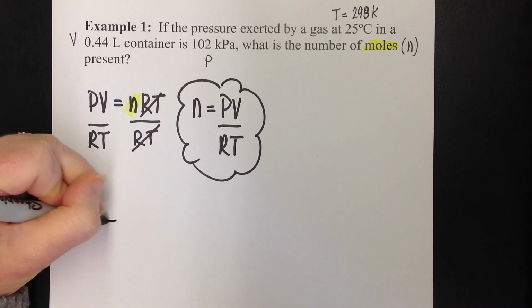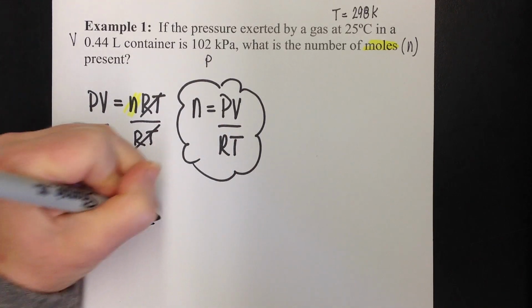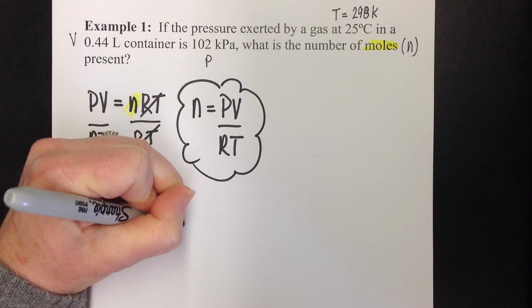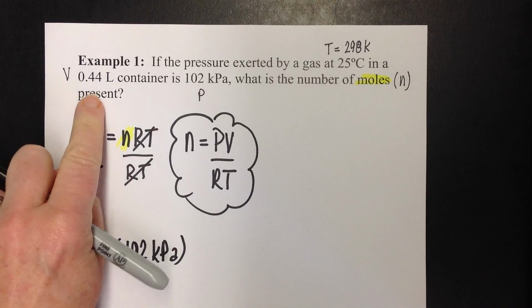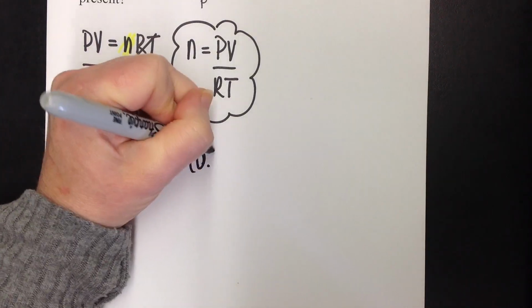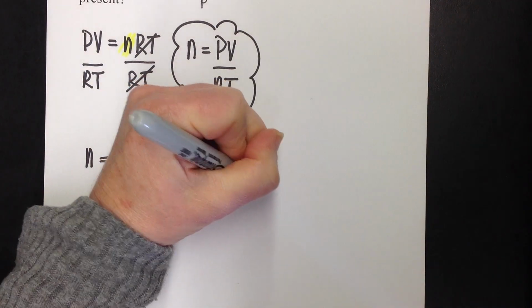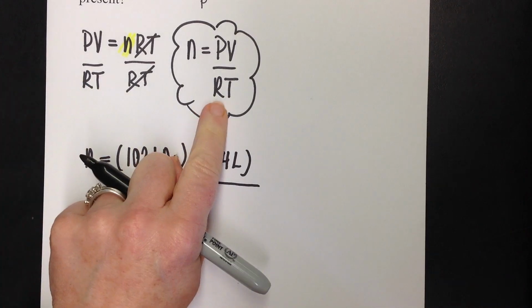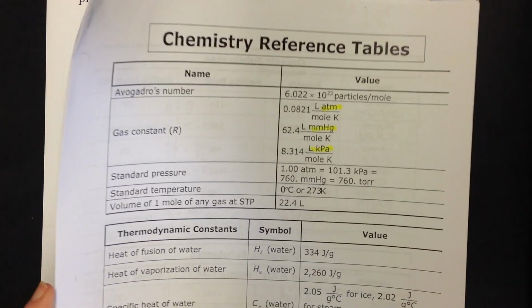So N equals pressure, which is 102 kilopascals, times volume, which was 0.44 liters, and volume is supposed to be in liters, so I'm okay there, divided by, now I've got R here, and remember R is a constant, that is the universal gas constant, so I've got to take a look at my packet and see which R value I want to choose from.